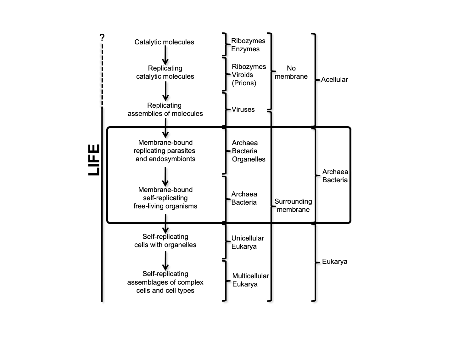And then in the archaea and bacteria, which have membrane-bound self-replicating organisms, again surrounded by a membrane. Back in here to organelles, which are membrane-bound replicating parasites and endosymbionts, including mitochondria and chloroplasts.